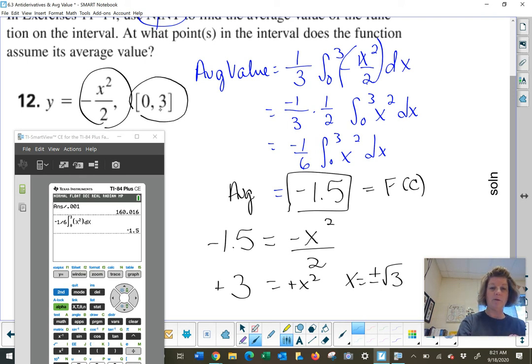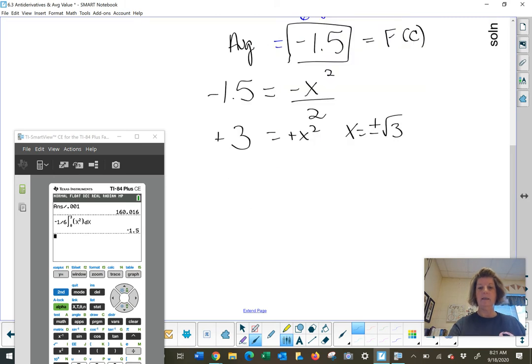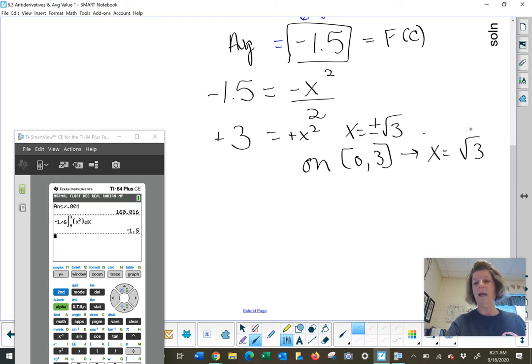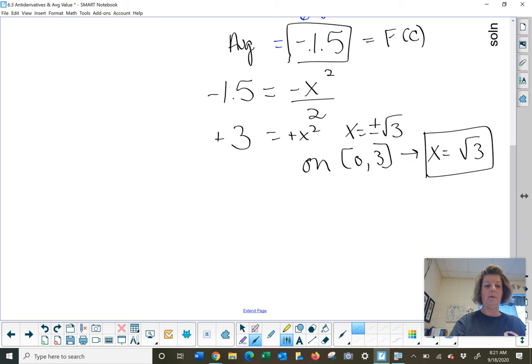But we have to remember we're on a restricted domain. So on 0 to 3 means that x would take on the value of square root of 3. That's where the x value leads to the height of negative 1.5.